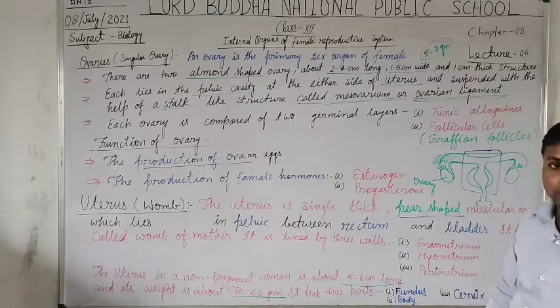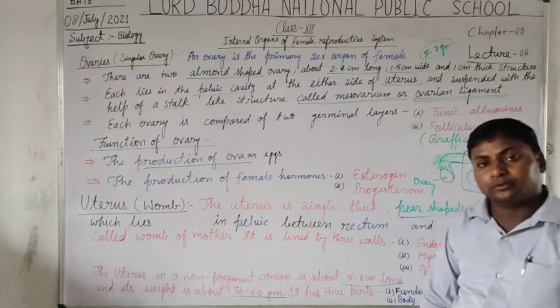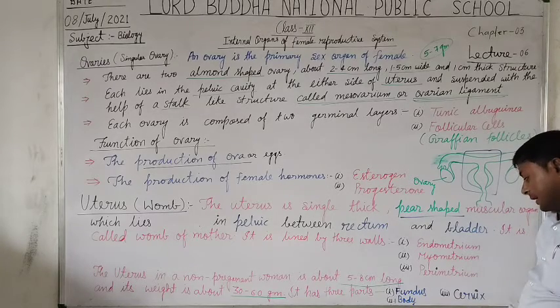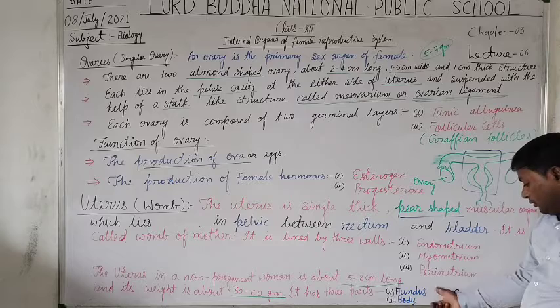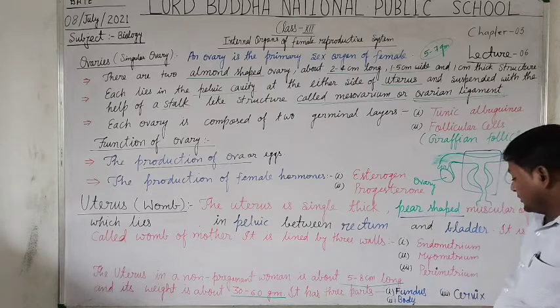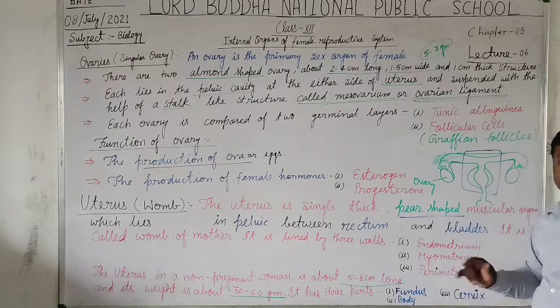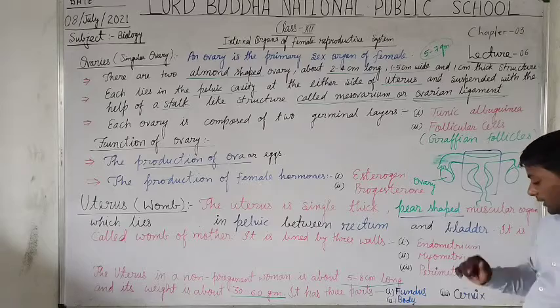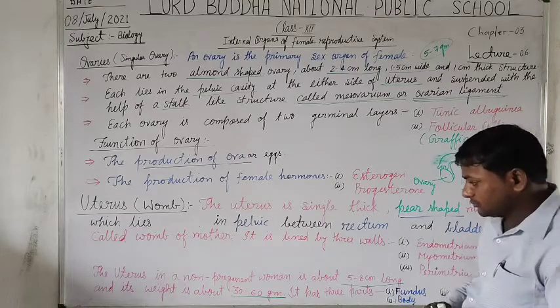It also has a rich supply of blood vessels like capillaries, arteries and veins, but a rich supply of capillaries is found in the perimetrium wall.